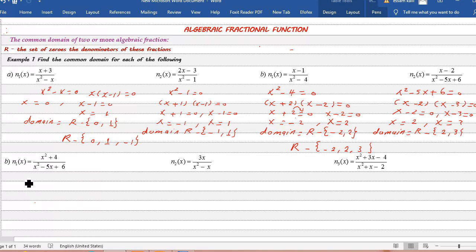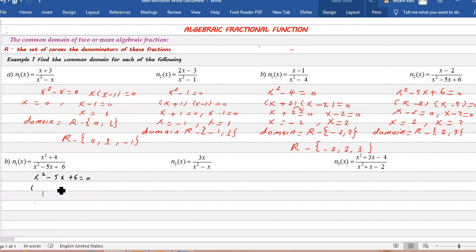The domain equals R different the set of zeros of the denominator. Put x² minus 5x plus 6 equals 0.